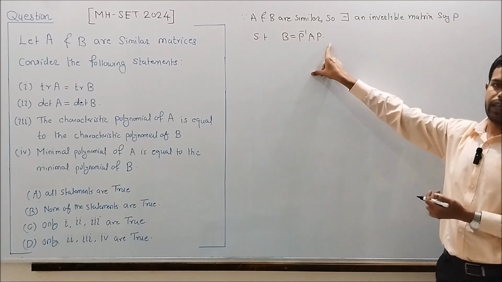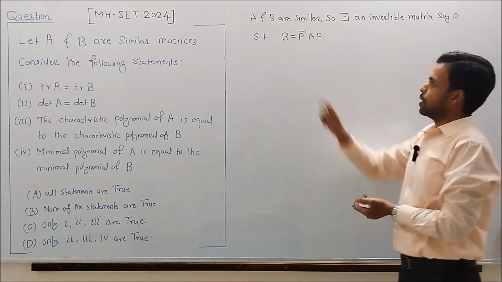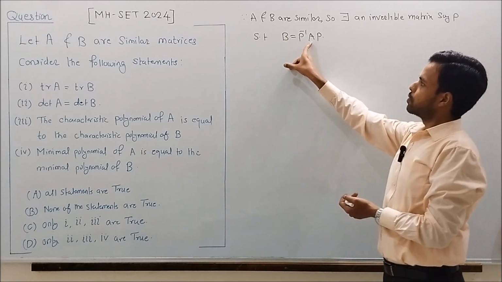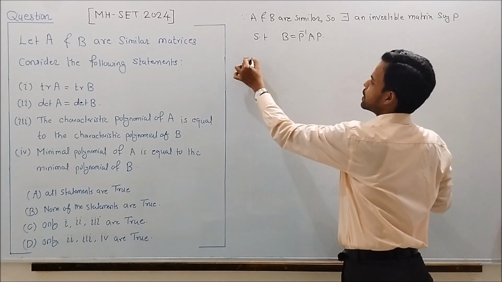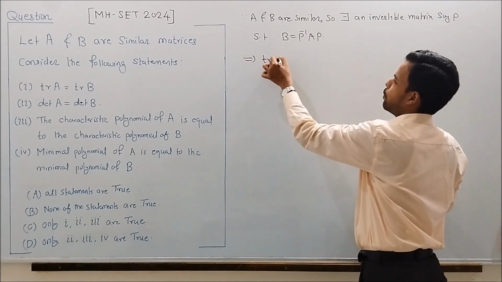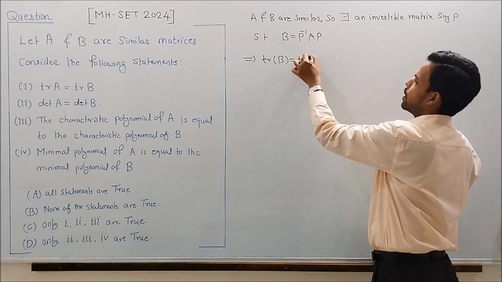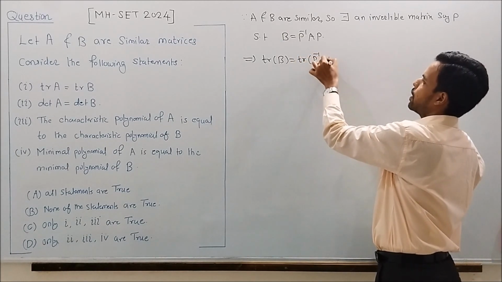Now, as this matrix is equal to this matrix, their traces are also equal. So this implies trace of B is equal to trace of P inverse AP.